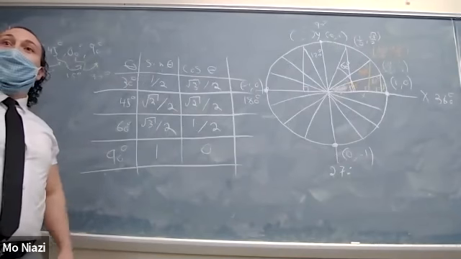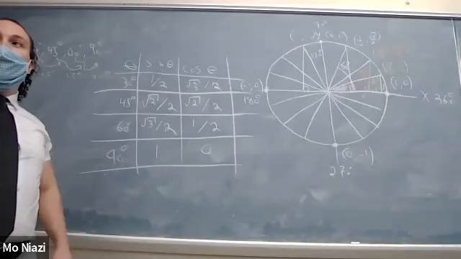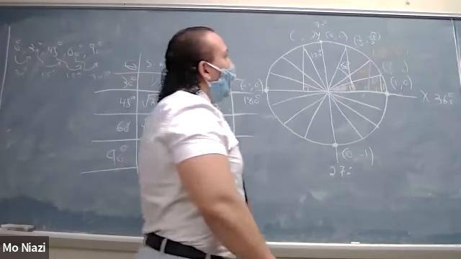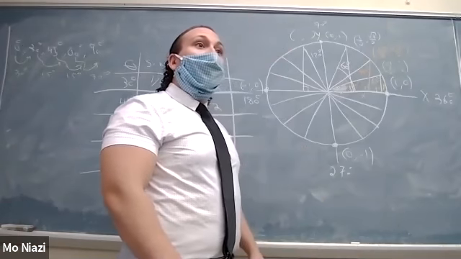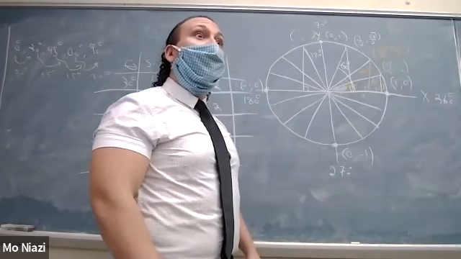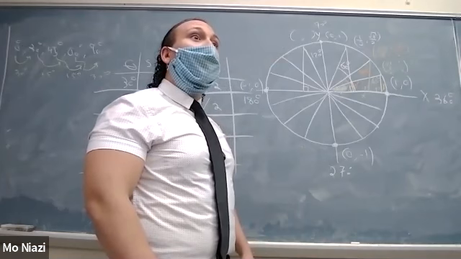It's over the y-axis, so which part gets the negative, the x or the y?